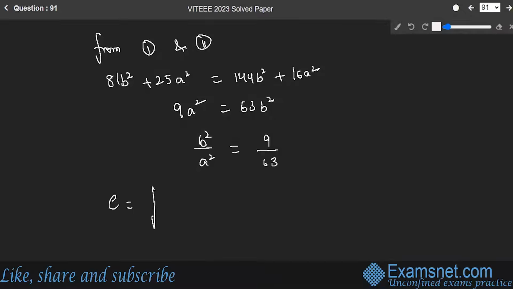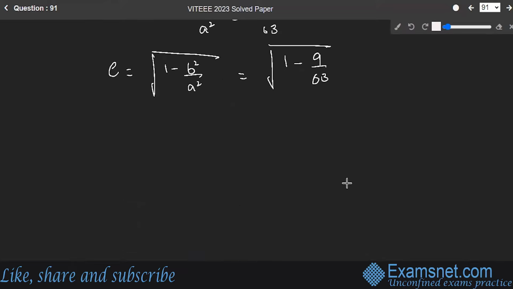Eccentricity is given by the formula root of 1 minus b square upon a square. So this is given by 1 minus 9 upon 63 whole under the root, that is equal to 63 minus 9 upon 63. This is 54 upon 63.